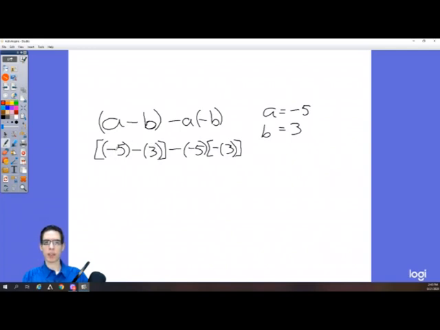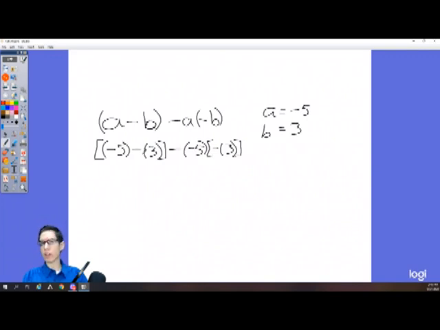So let's take a look at this here. Within this bracket, we've got a negative 5 minus a positive 3. Okay, now minus a positive, that's basically just double subtraction, or it turns it into a subtraction problem. So when we've got a negative number minus a positive, they're both technically negative.